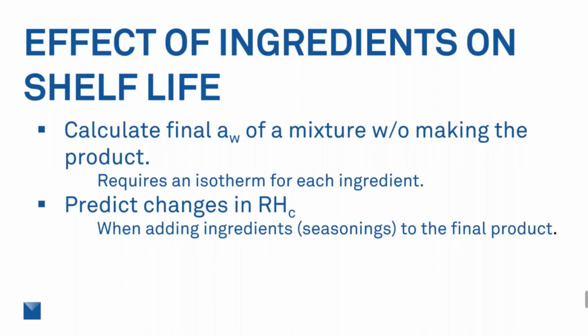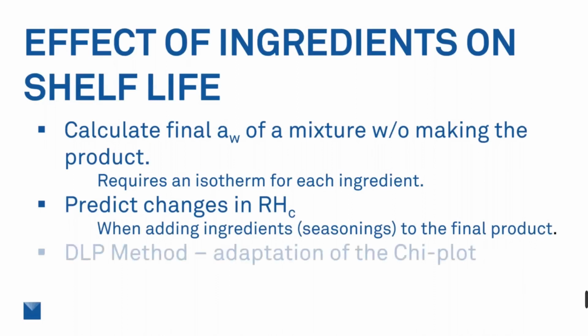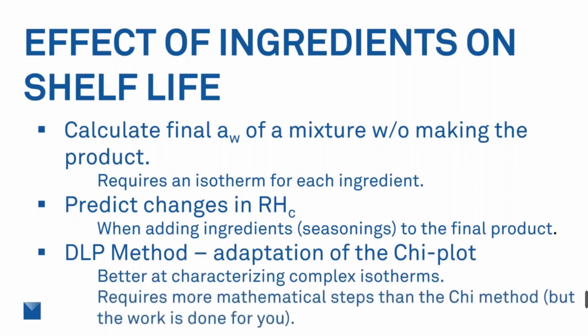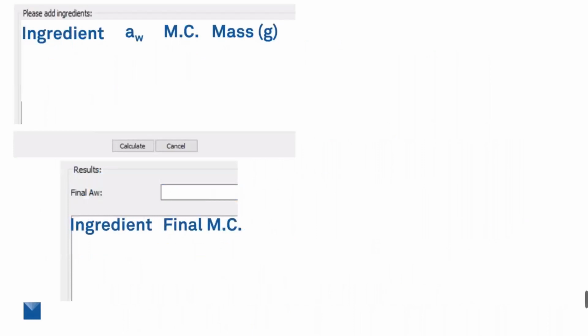So for example, if you're going to add some ingredients or maybe some seasonings to your final product, this is done in the moisture analysis toolkit using the DLP method, which is an adaptation of the Chi plot, and it's much better at characterizing complex isotherms. So this requires many more mathematical steps than the Chi method, but this work is already done for you in the software.